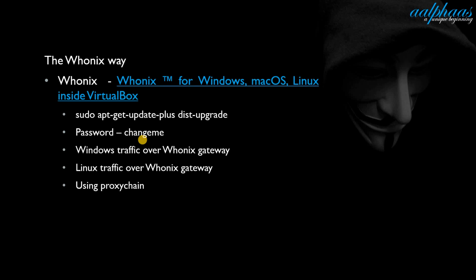Yeah, this is another interesting area. Whonix is what I can say. Whonix is a set of operating systems. In fact, it has a gateway and a workstation. So basically, you will get an option to download an OVF file.